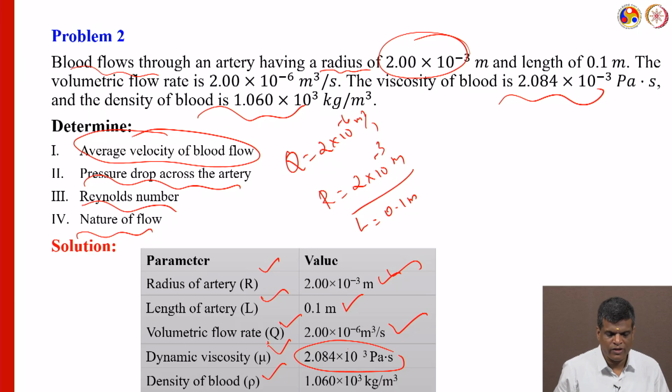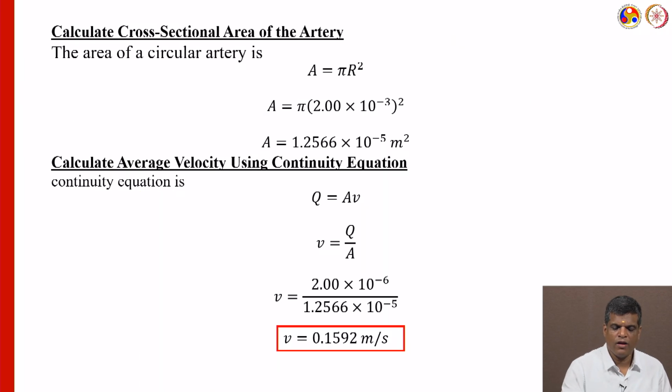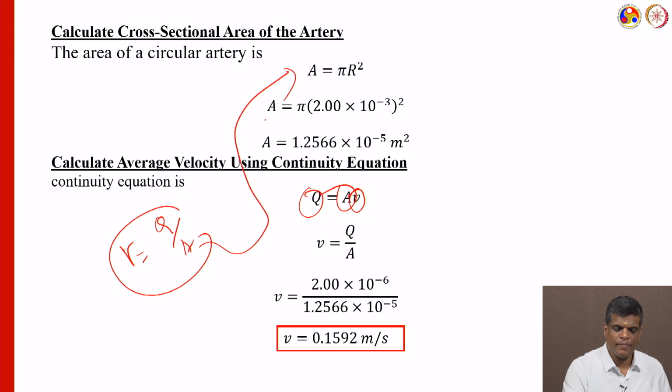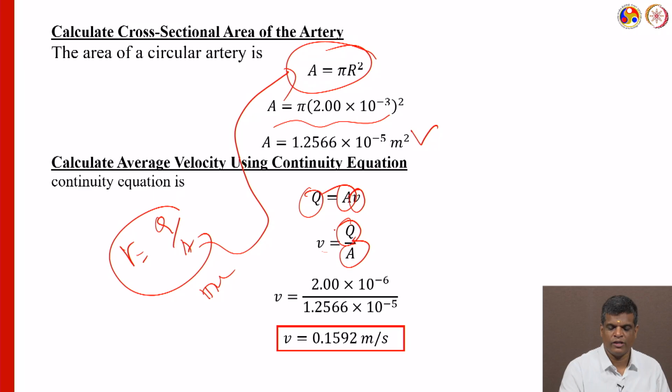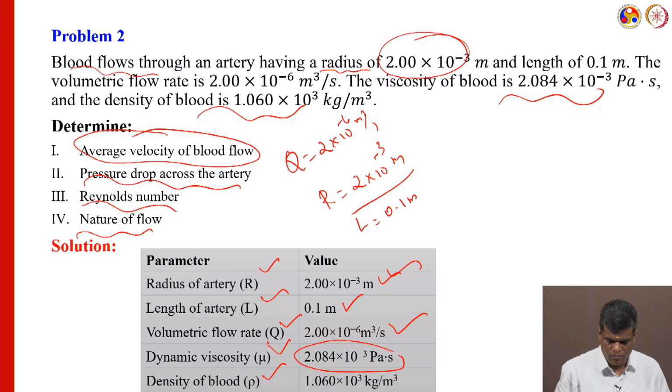First, the average velocity of this blood flow. The velocity V equals Q by A. So first, the area is pi r square, which we know. You substitute the value of pi r square, and Q is the volumetric flow rate, already given in the problem, 2 into 10 power minus 6 meter cube per second, divided by area.